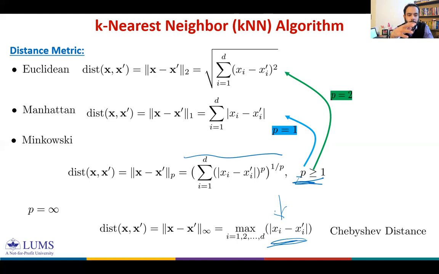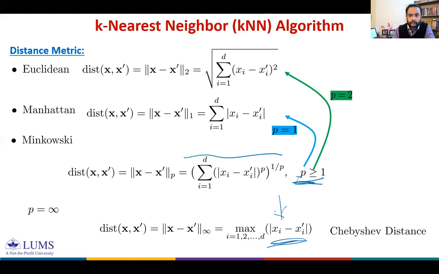For p equal to infinity, you only get the maximum distance along any dimension. So it depends on the application for which you are using KNN; you can use any of these distance metrics.